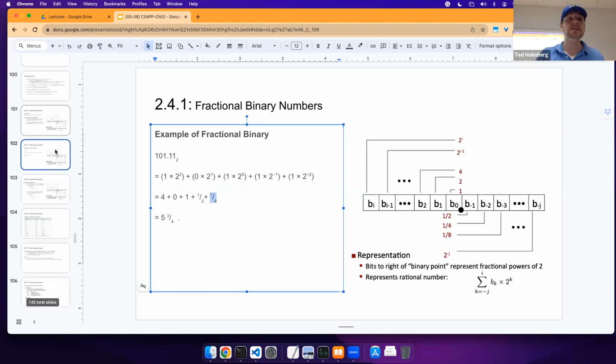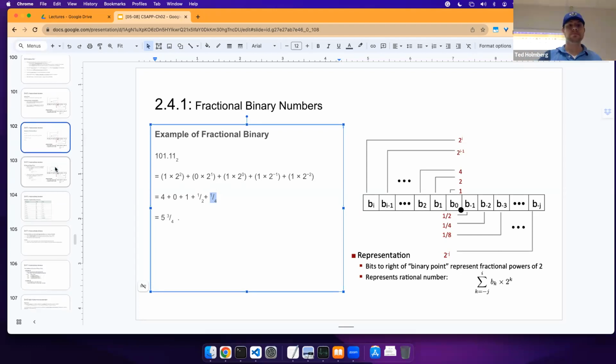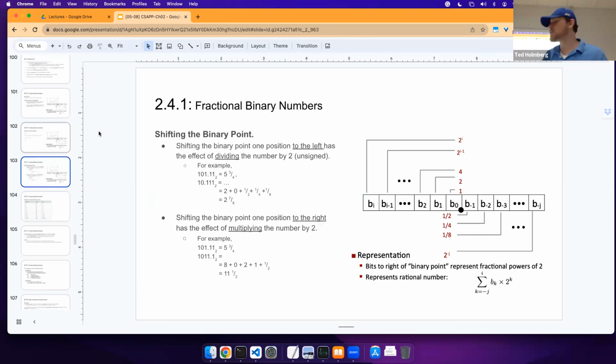Okay, so you could see the behavior we have is not dissimilar to how we learned we can shortcut multiplication and division using shifting operations.